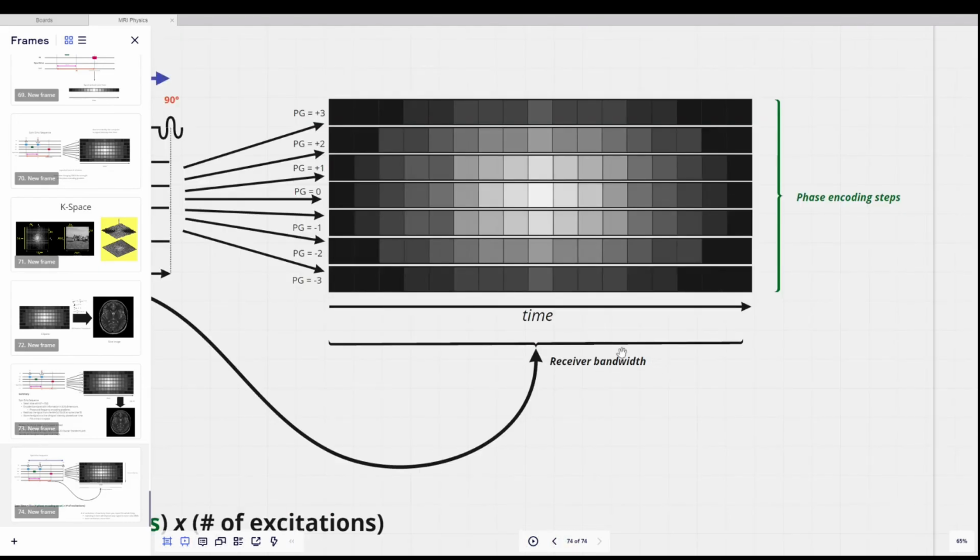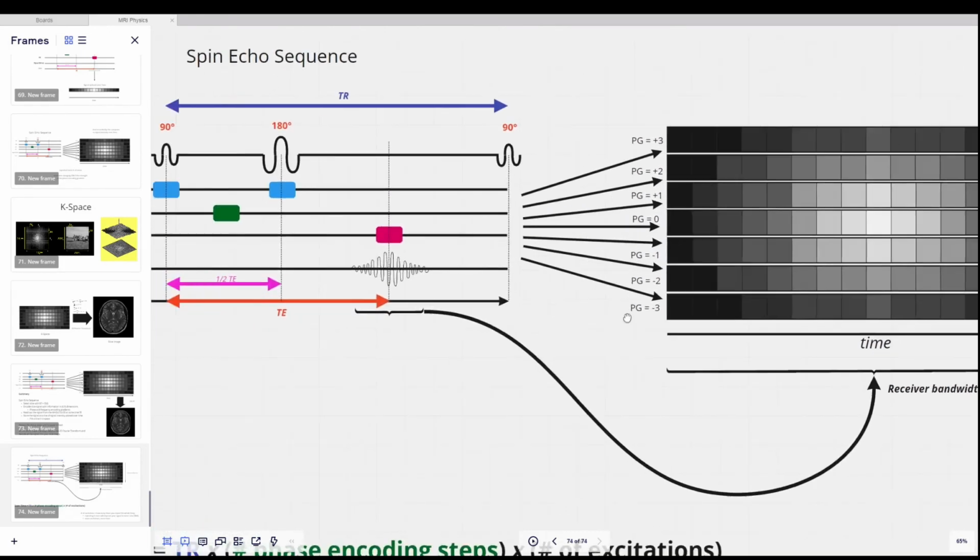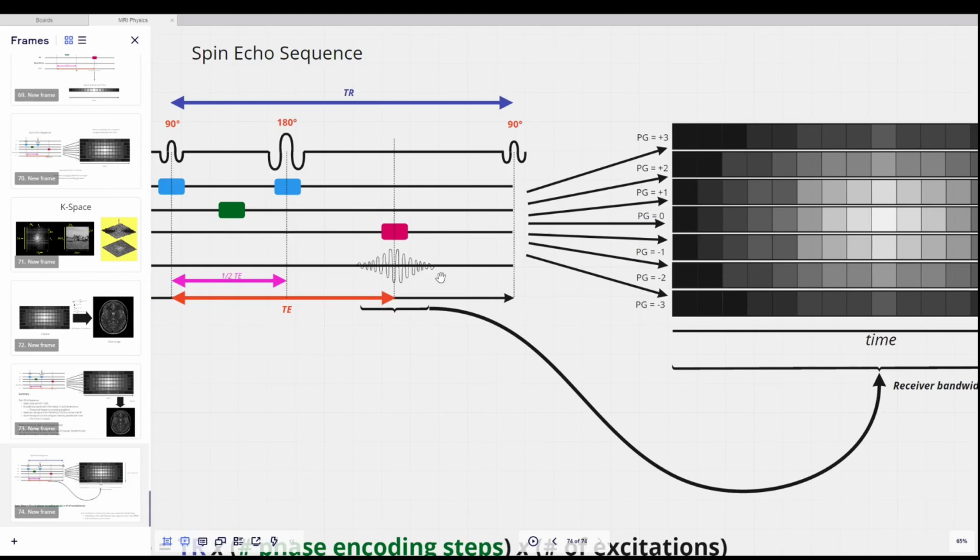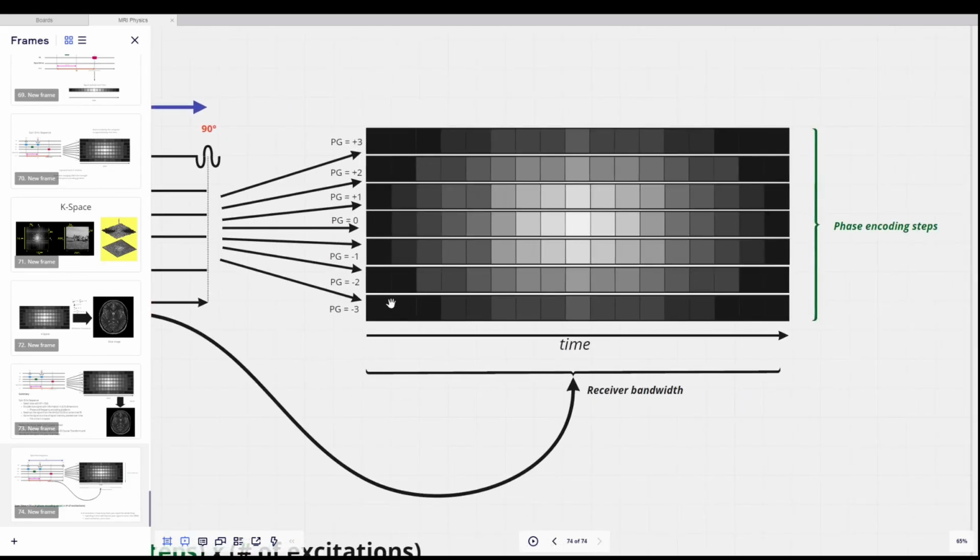There's this idea of receiver bandwidth. And what receiver bandwidth is, it's the number of these boxes, basically. It's how many times did we sample our signal over this time period here. And remember we said you could sample this 256 times, right? That would be a larger receiver bandwidth.